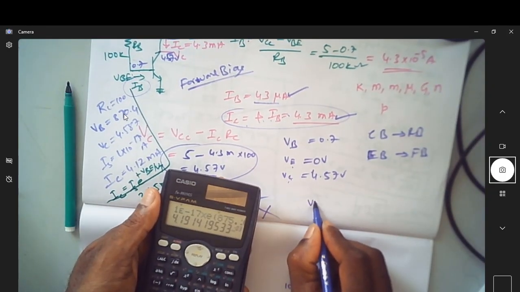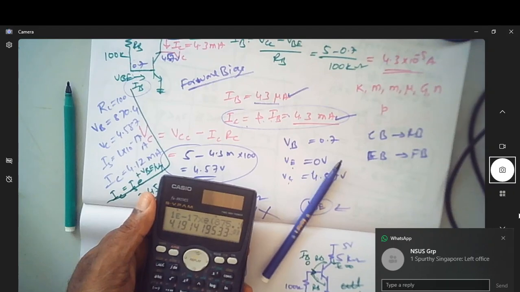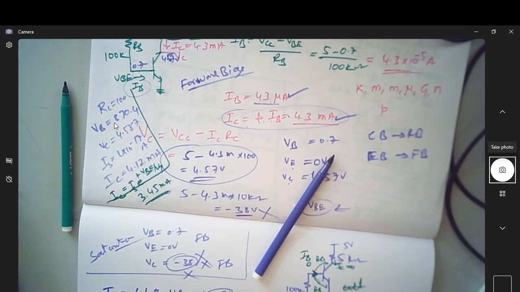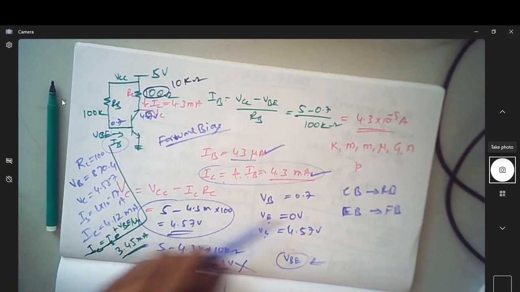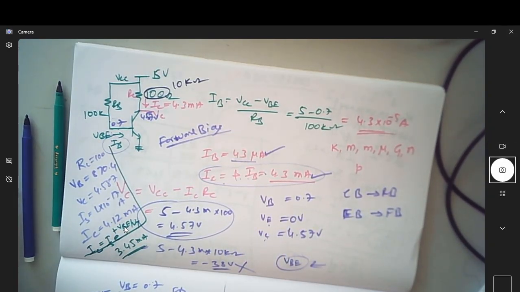meaning keeping the value of VBE stable is very essential. That's why this type of biasing is not used, because if the value of VBE changes by a very small amount of millivolts, the IC changes enormously.